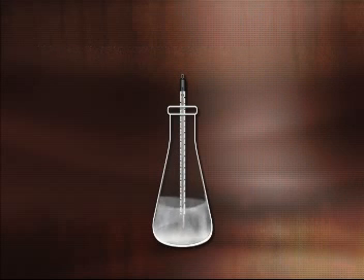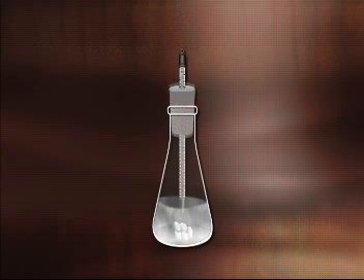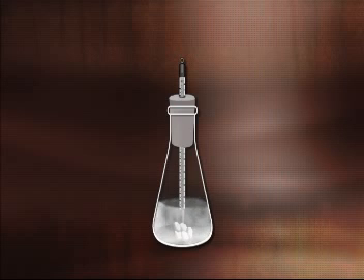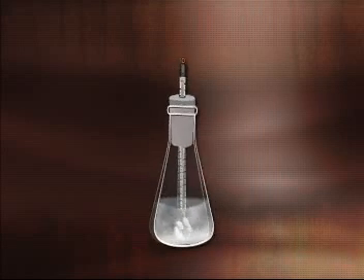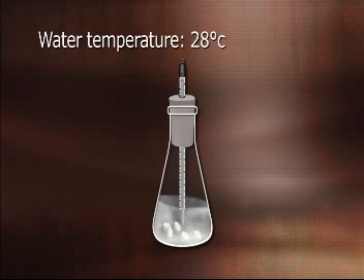Once the temperature is recorded, 4 grams of sodium hydroxide pellets can be added. Place a cork in the top of the flask, along with the thermometer as shown in this animation. Then gently swirl the flask to stir the contents and record the highest temperature reading.